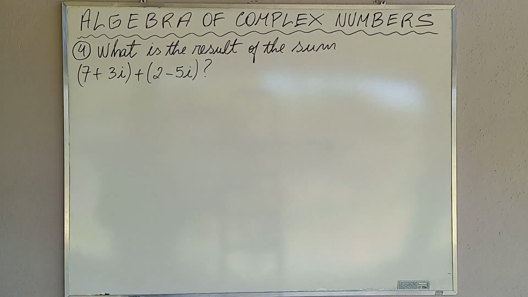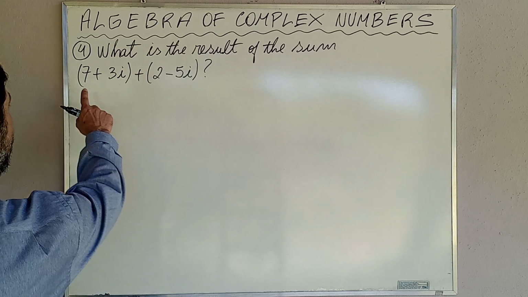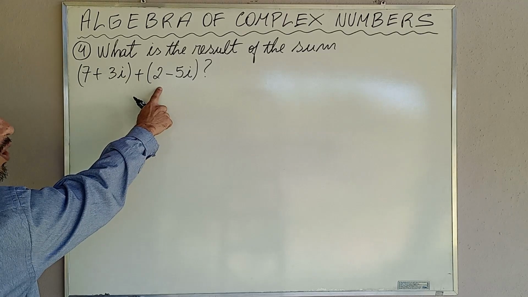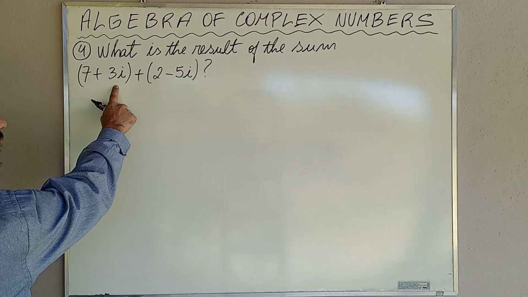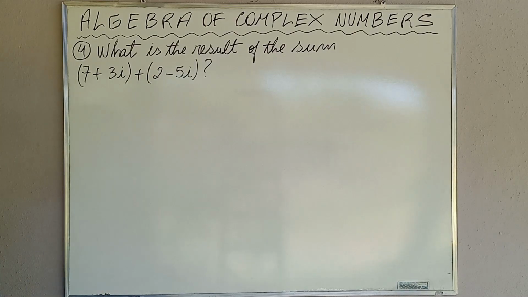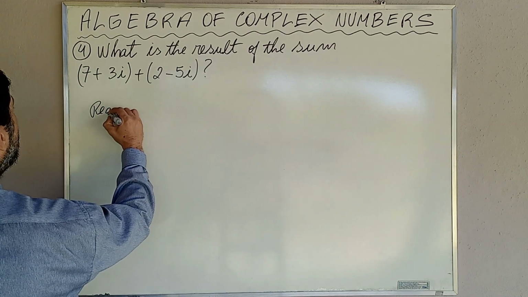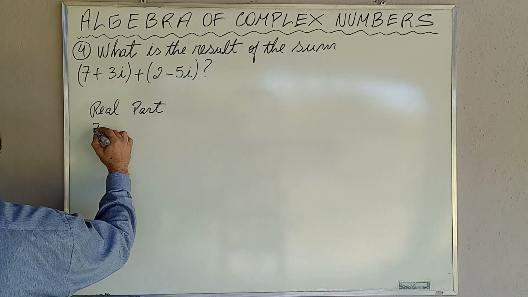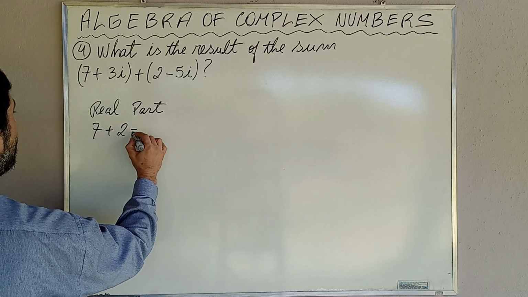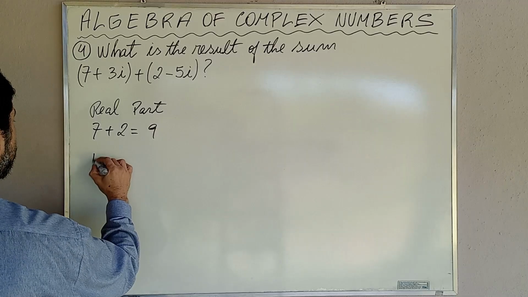The addition of complex numbers is performed component by component, which means that we sum the real part of one with the real part of the other, and the imaginary part of the first with the imaginary part of the second. In this way, the real part is 7 plus 2 equal to 9.